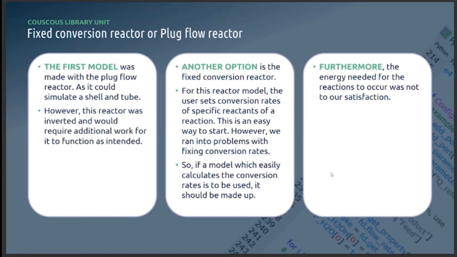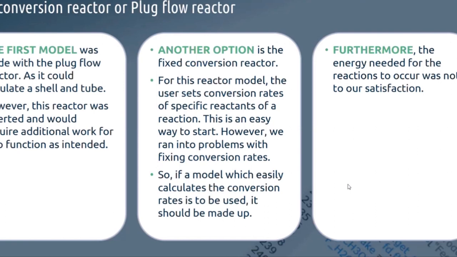So we turned to another option, which was the fixed conversion reactor. The fixed conversion reactor required us to set some conversion rates of the three reactions, but that required additional calculation of those rates and then implementing them. And as the rates are based on temperature, it would require another unit operation to do so.